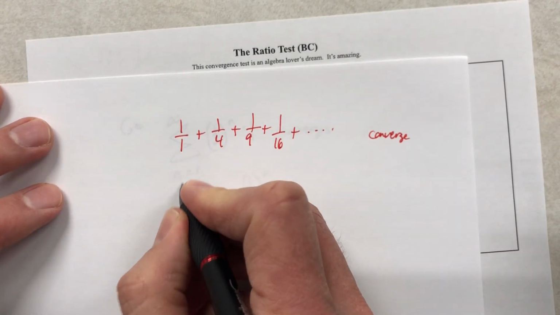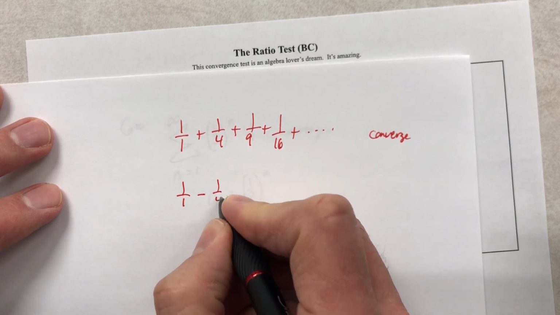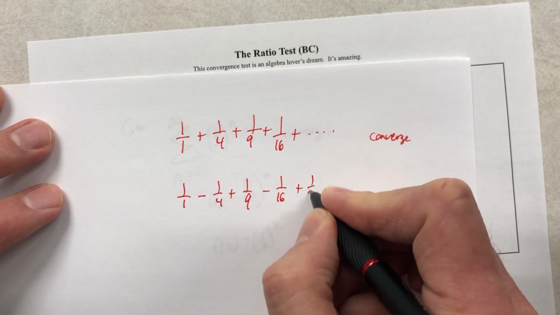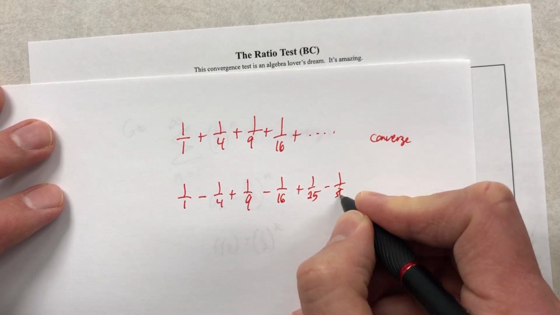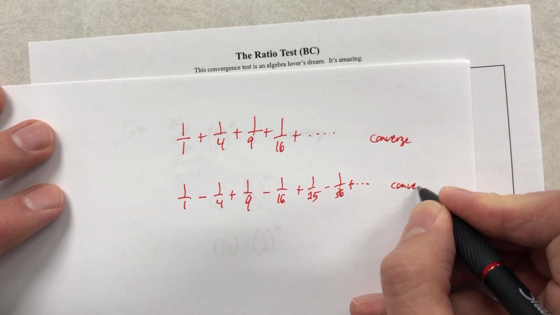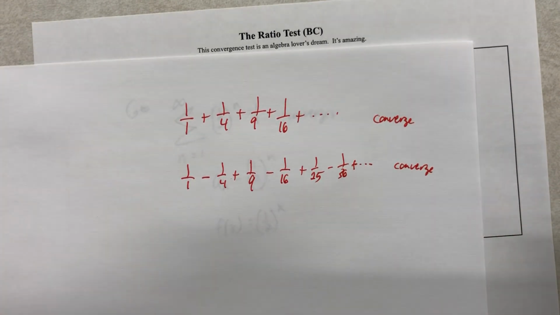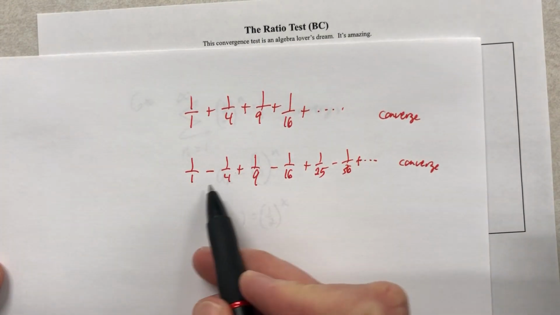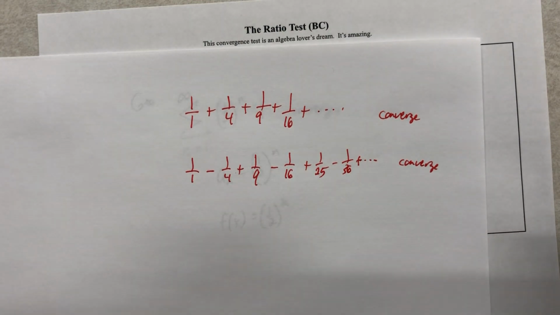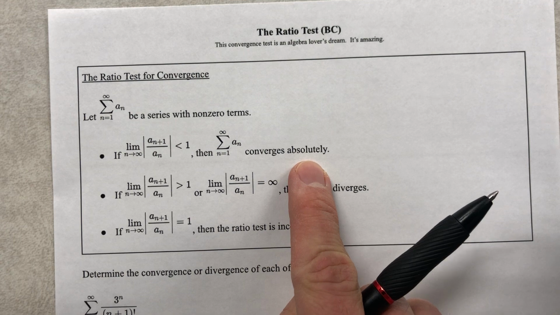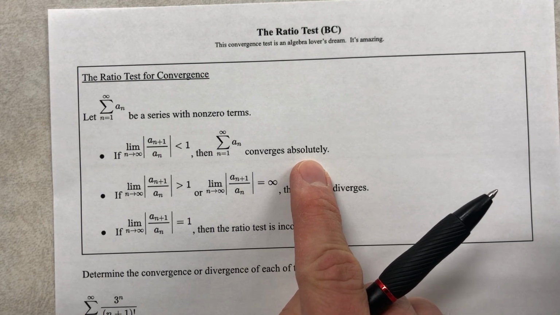And we would also say that 1 minus 1/4 plus 1/9 minus 1/16 plus 1/25 minus 1/36, you know where this is going, is also going to converge. So we would say that the series converges absolutely because it converges whether you're dealing with only positives or positives and negatives, okay? So that's what that word is going to mean. It is a little bit out of context right now, but I just wanted you to see that and know it. It's going to happen later.